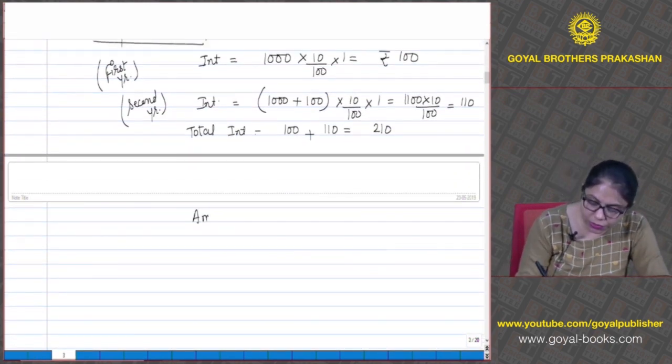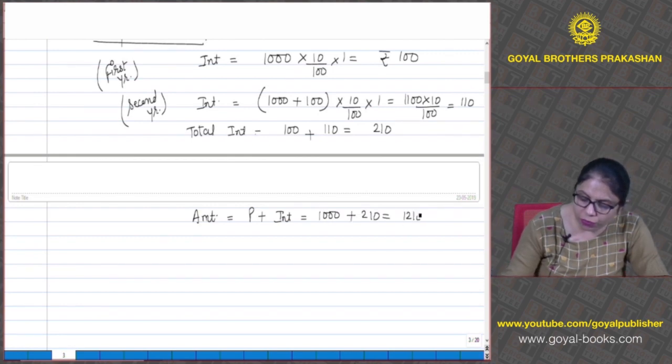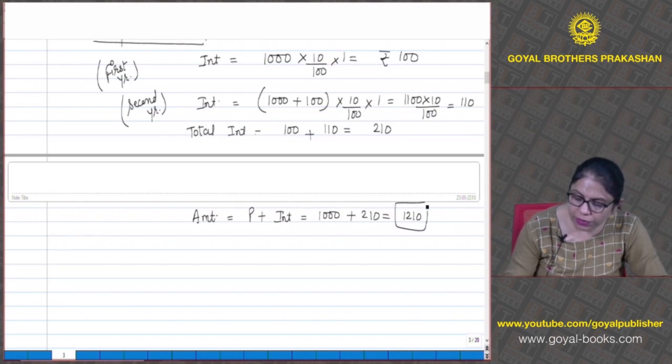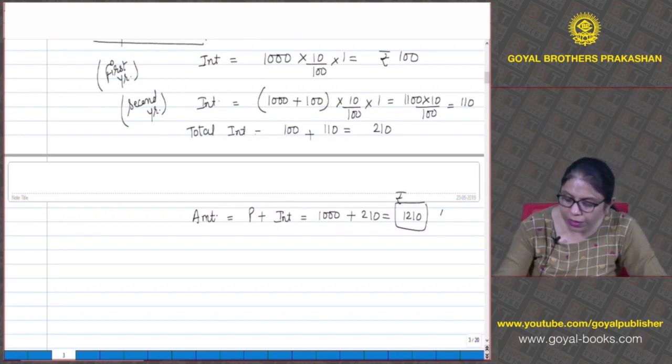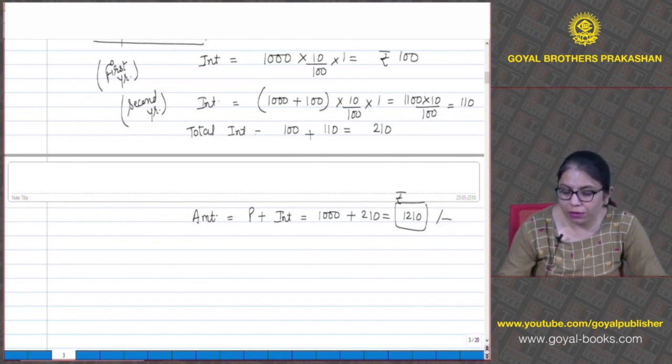Now what is your amount? Amount is principal plus interest. So your principal is 1000 and your interest is 210. That means total 1210. This total amount you will get after 2 years if you deposit money in a bank by the compound interest process.